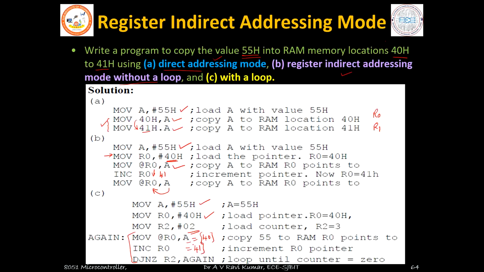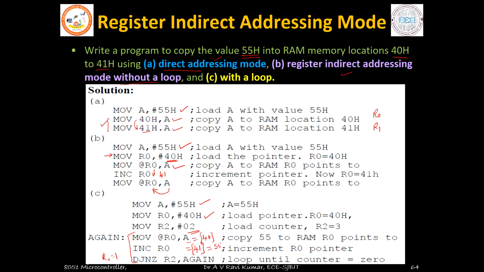Then check whether the content of R2 is 0 or not. DJNZ is decrement and jump if not zero on R2. R2 will decrement by 1 now. R2 is now 1, so it is not 0. Coming back here, the accumulator content 55 is moved into 41H now.